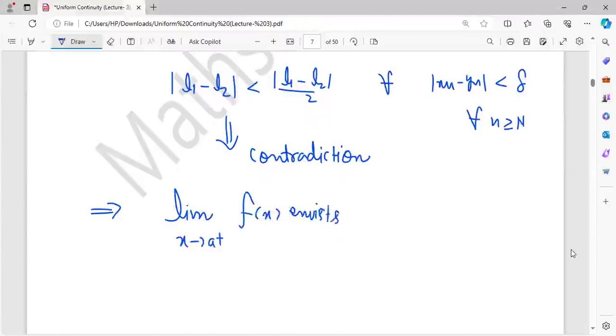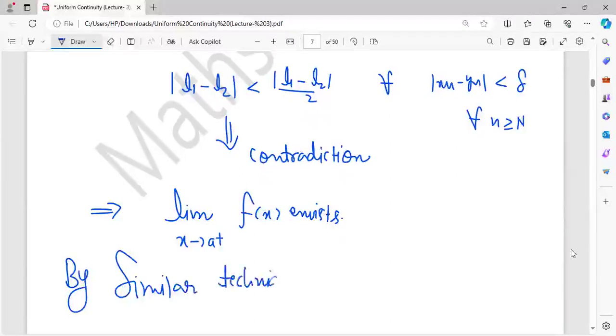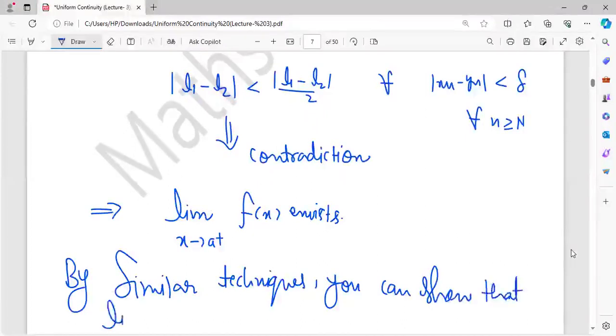By similar techniques, you can show that the limit as x tends to b minus of f(x) exists. So we are done. So 1 implies 2 is done.